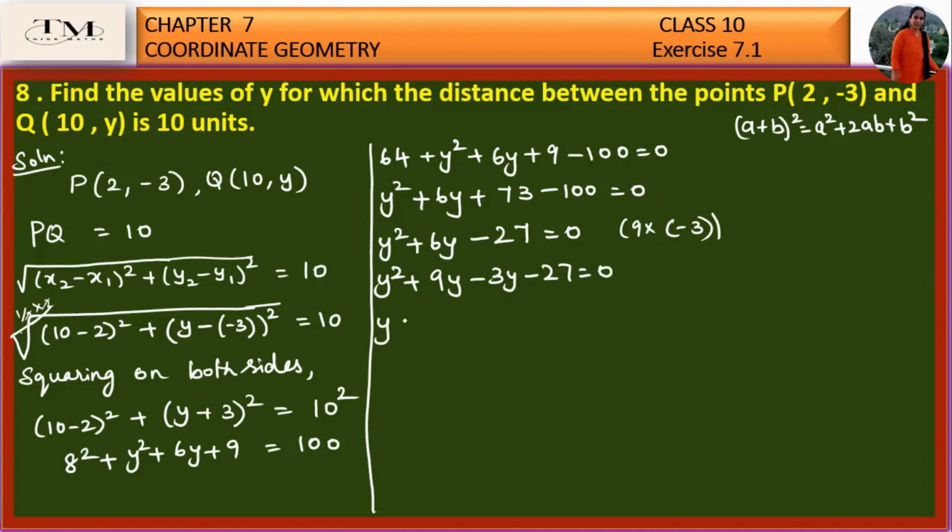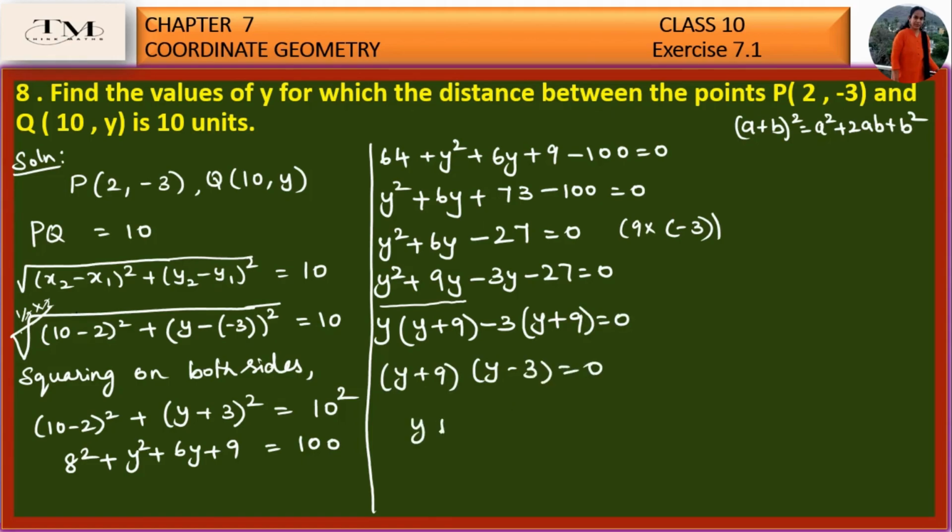Taking y outside from the first two terms, we'll get y plus 9. Here taking negative 3 outside, the remaining will be y plus 9 equal to 0. So clubbing the terms, y plus 9 into y minus 3 is equal to 0.